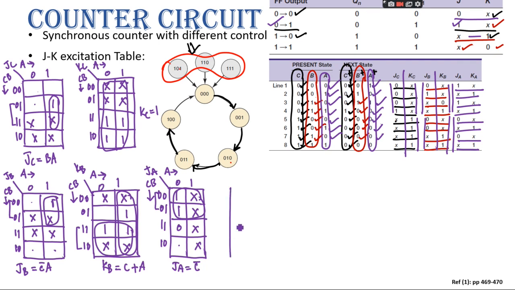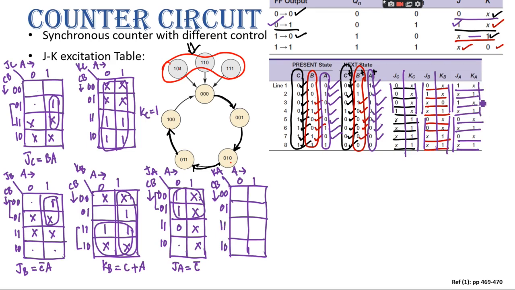And for the last case, KA, 0 1. So 0 0 0 1 1 1 1 0.